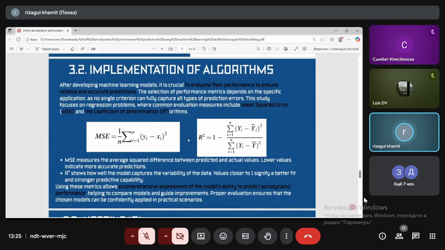MSE measures the average squared difference between predicted and actual values, while the coefficient of determination shows how well the model captures the variability of the data, and values closer to 1 signify a better fit and stronger predictive capability. Using these two metrics allows a comprehensive assessment of the model's ability to predict aerodynamic performance, helping to compare models, algorithms, and guide improvements.